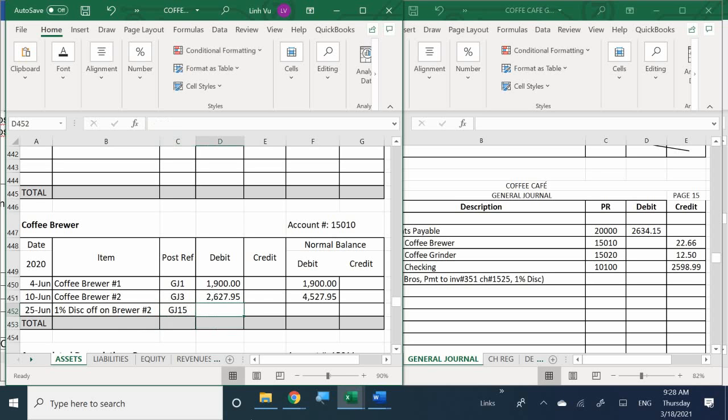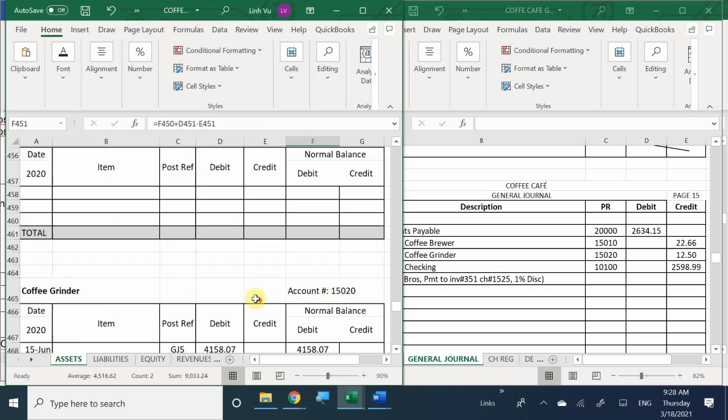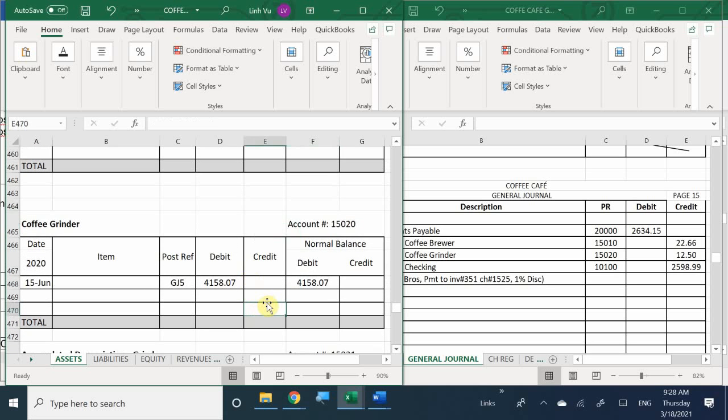Since we're decreasing it, how much are we decreasing it by? 22.66. So what is going to be my new ending balance? 4505.29. Good.